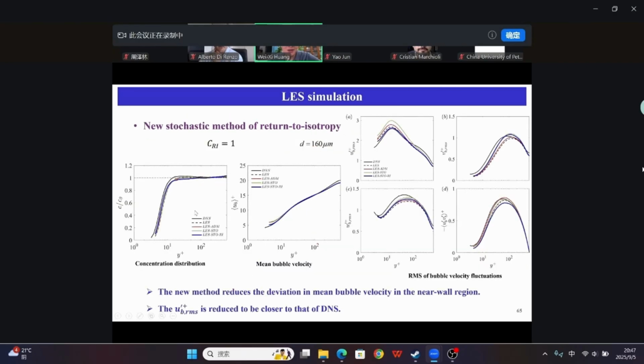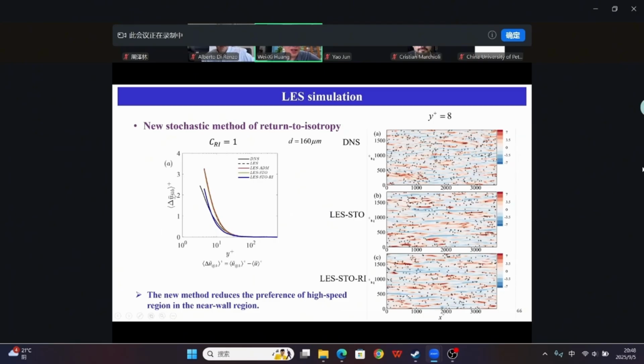Then to see the results, we can see the mean velocity is not much different, but for the velocity fluctuation, this new model is closer to the DNS data. For V and W it's increased, but for U it's decreased. This gives some improvement on the anisotropy problem of wall turbulence. And then we check the velocity difference.